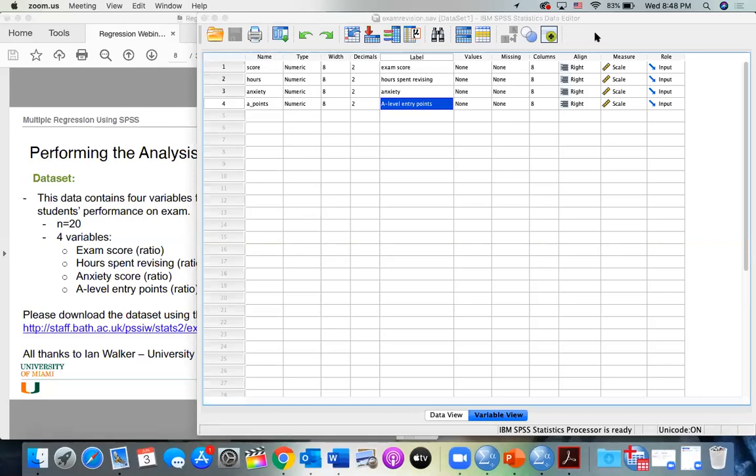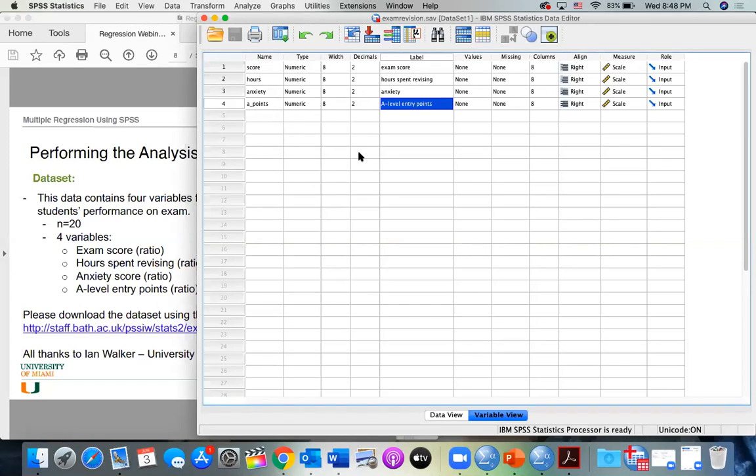Good. So by looking at the SPSS window, you can see that we have 4 variables. The first one is the score, which is the exam score. The second one is hours, which is the hours spent revising, the third one is the anxiety scores, and the fourth one is the A points.